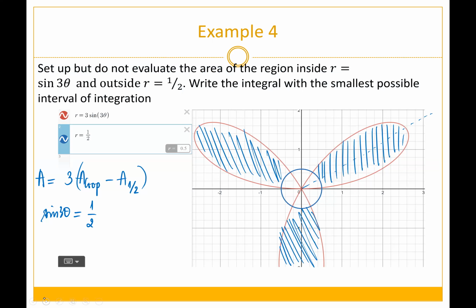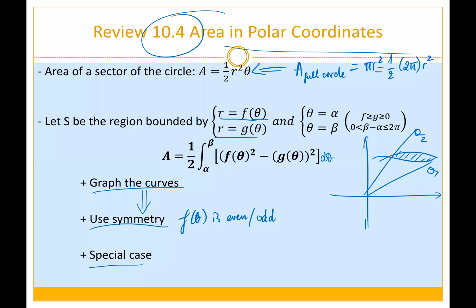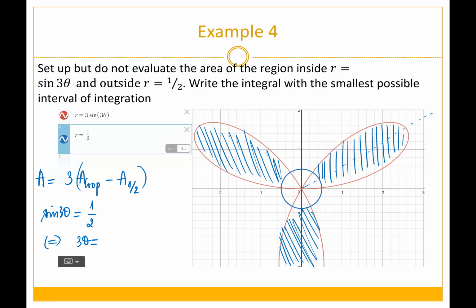So this is where we're going to solve for that. So we have 3 theta equal to, what angle is going to give you half? The value of sine is going to give you half, and you don't need to think of all values that give it. It should be just in the first quadrant.